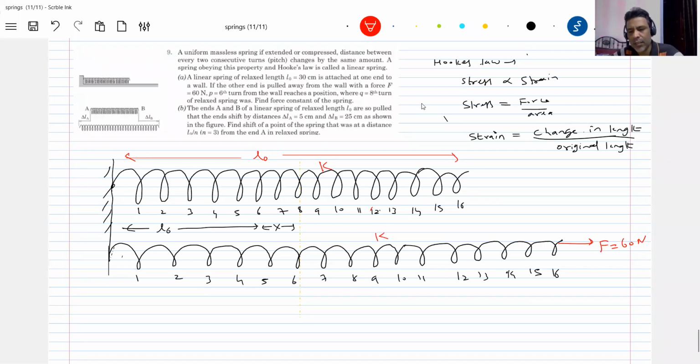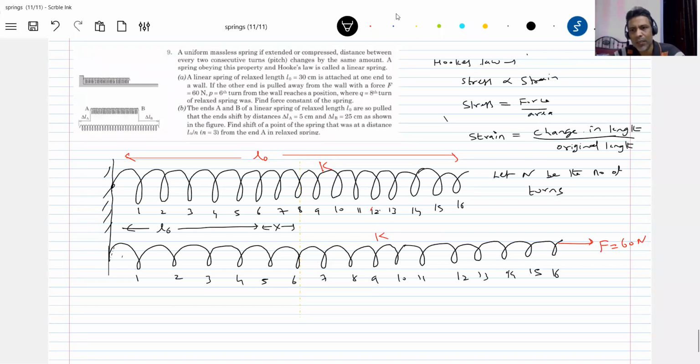Okay, got the idea now? So what is the number of turns per unit length? We'll assume that one. Let N be the number of turns. Here I showed 16 turns, in the question I showed 16, but it can be anything.